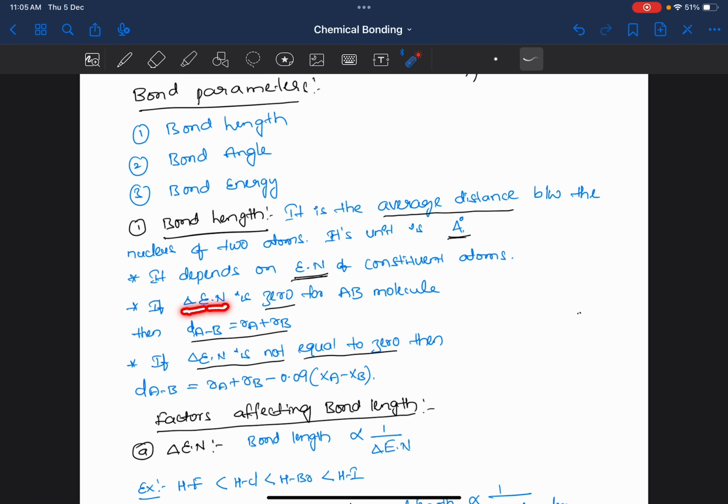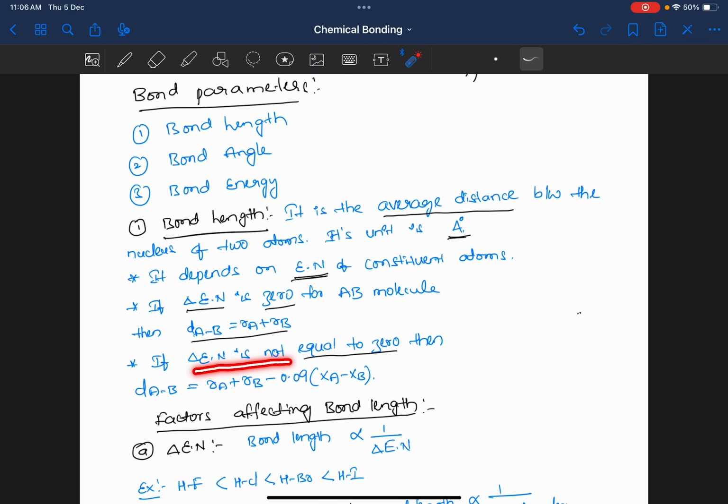Now, if the electronegativity difference is 0 for an AB molecule, where A and B are the constituent atoms, then the distance in the AB molecule is equal to the radius of A plus the radius of B.